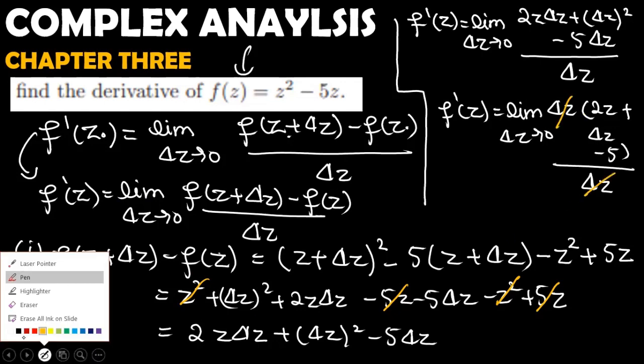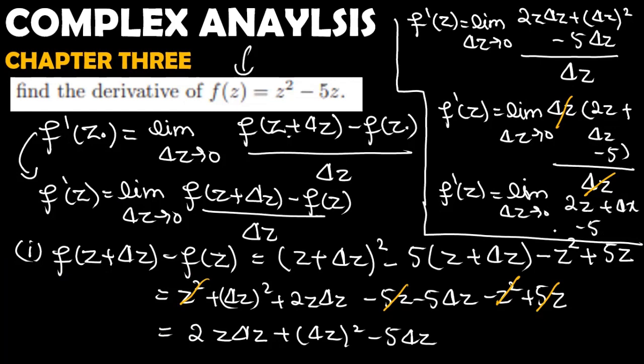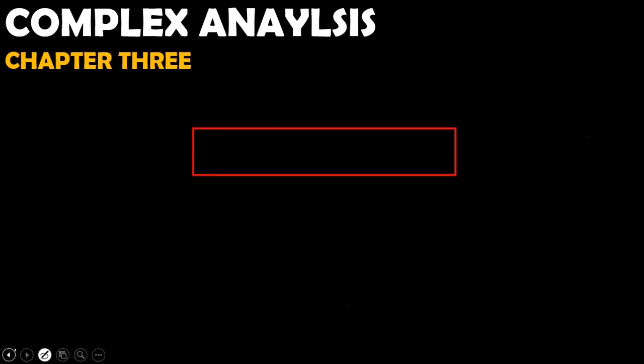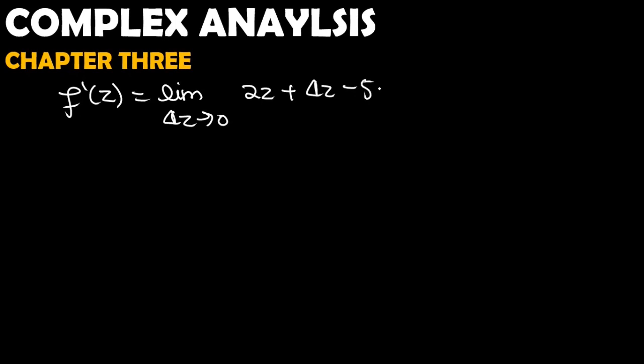We get f dash of z equal to the limit as delta z approaches 0 of 2z plus delta z minus 5. Now we apply the limit: in place of delta z, we put 0.